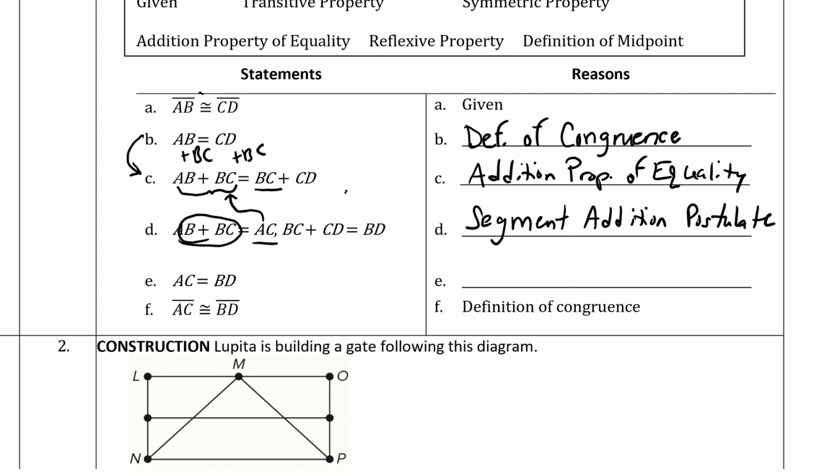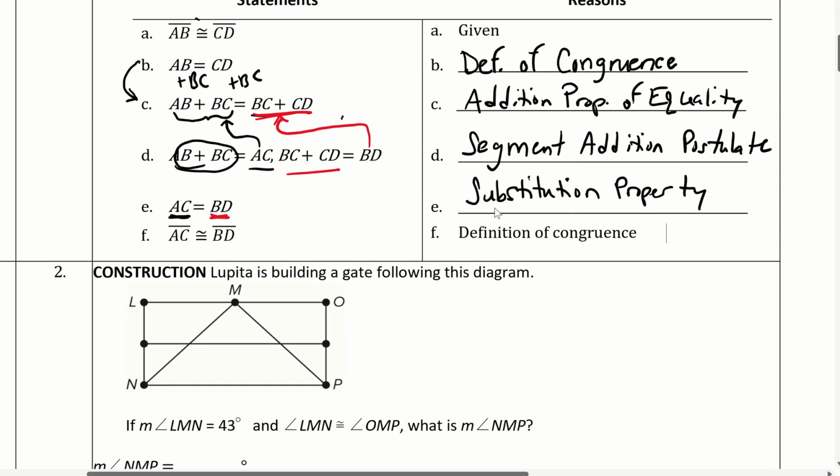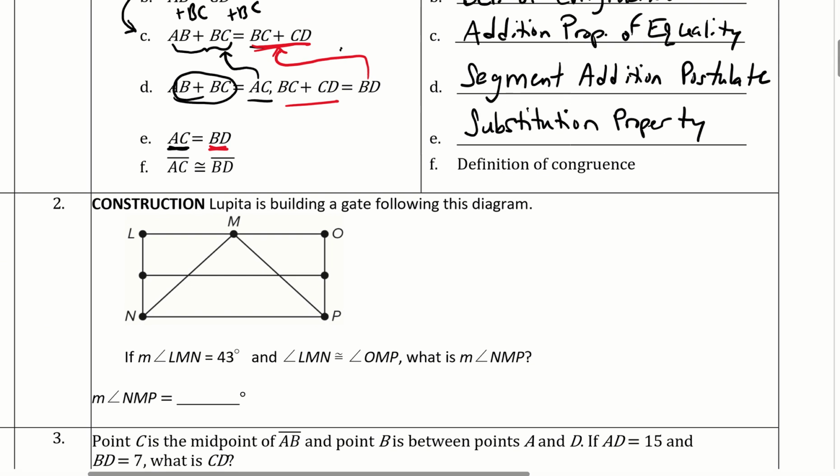And then we can replace BC and CD with BD. And so what we do is we end up getting BD equals AC. So when you replace something with another, we can refer to that as substitution. So we got substitution property. All right, so that takes care of number 1. And then remember, we're going from equals to the squiggly, so that's why we use definition of congruence right there.